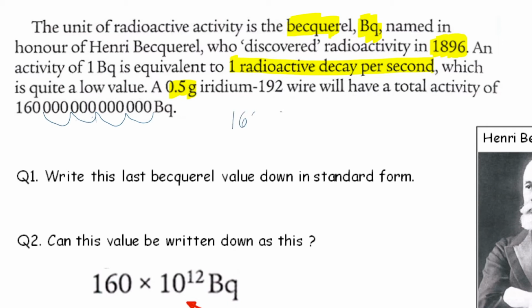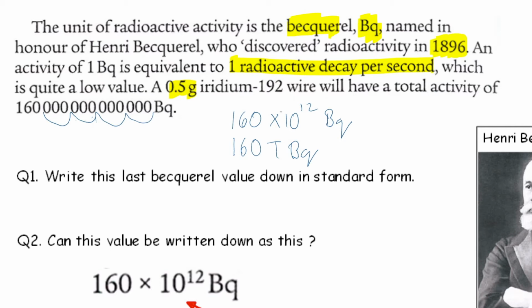That's 160 times 10 to the 12 becquerels. And remember this, you've got at the front of the booklet 10 to the 6 is mega, 10 to the 9 is giga, 10 to the 12 is tera becquerels.